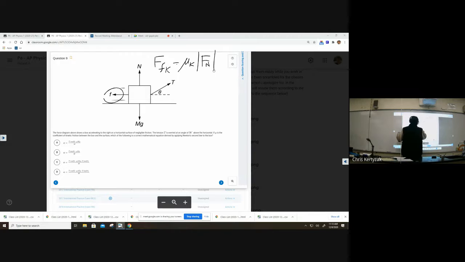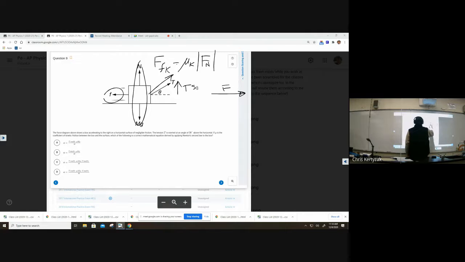When things are just moving sideways because something's pulling it straight to the right, then this is just mu times m times g. But the force is not straight to the right. It's up at an angle. It complicates things. So the normal force is not going to be mg the way it usually would be, since there's somebody pulling it up a little bit to reduce some of the pressure underneath it, because the normal force is referencing the force underneath it.